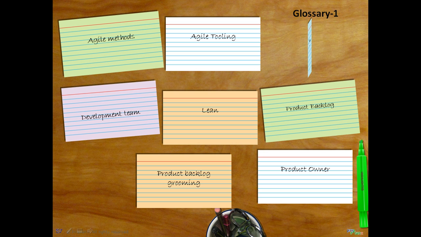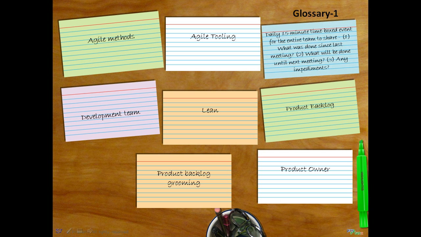Daily Scrum. Daily 15-minute time-boxed event for the entire team to share: 1. What was done since last meeting? 2. What will be done until next meeting? 3. Any impediments?